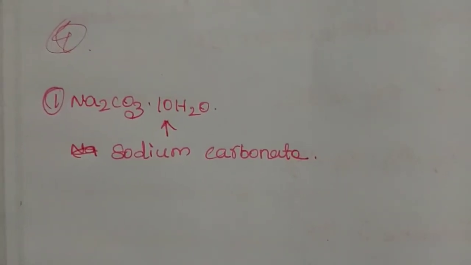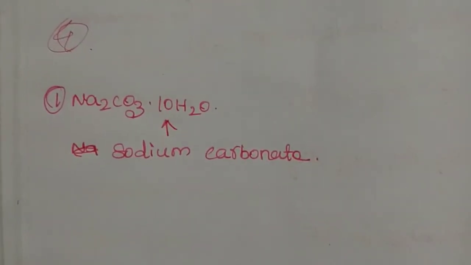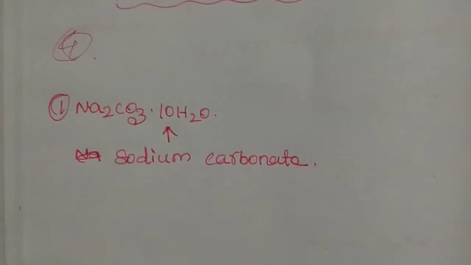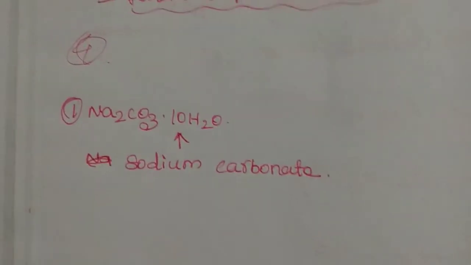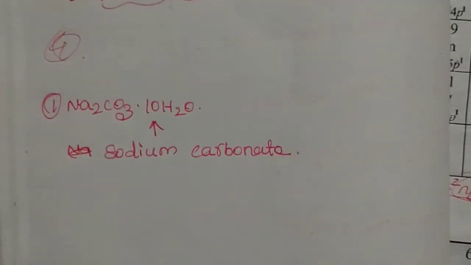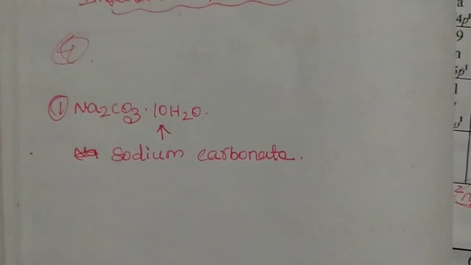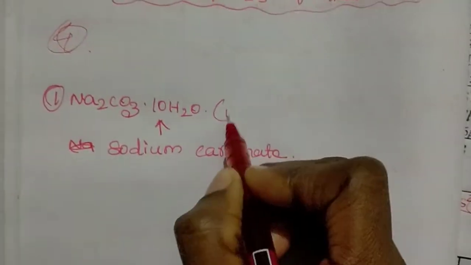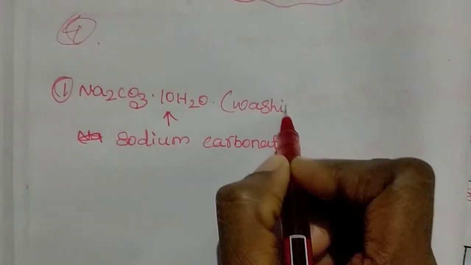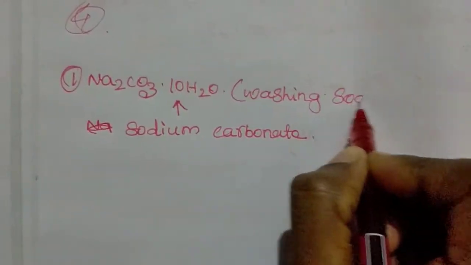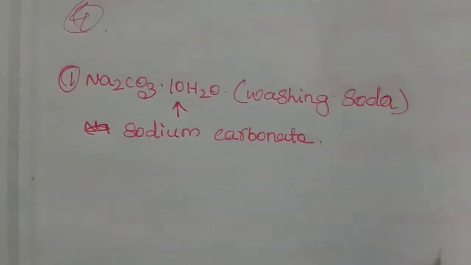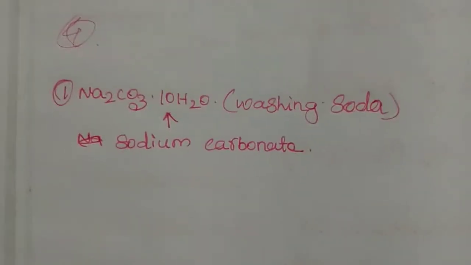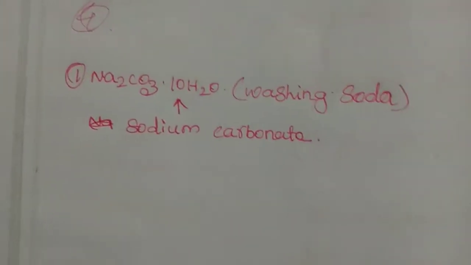So 10 molecules of water combined with Na2CO3, that is the chemical formula of sodium carbonate. Another name of sodium carbonate is washing soda. Sodium carbonate plays an important role in our industries.